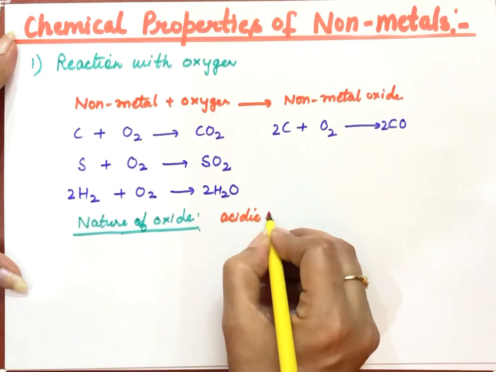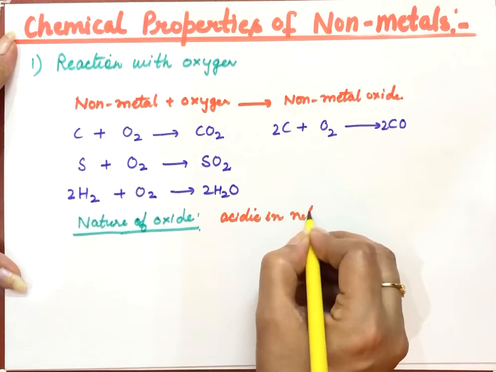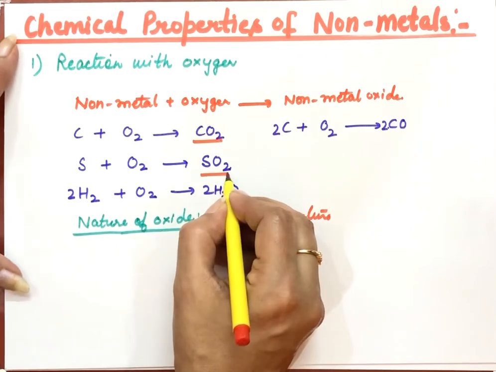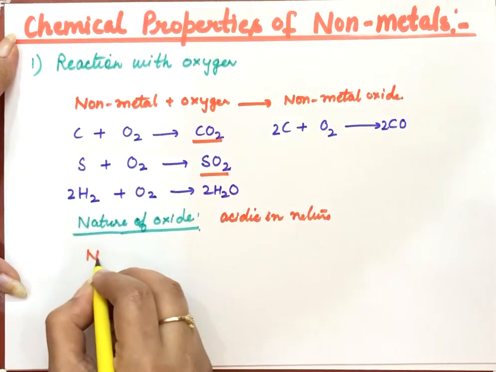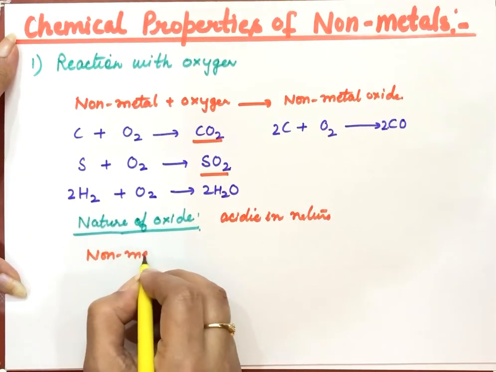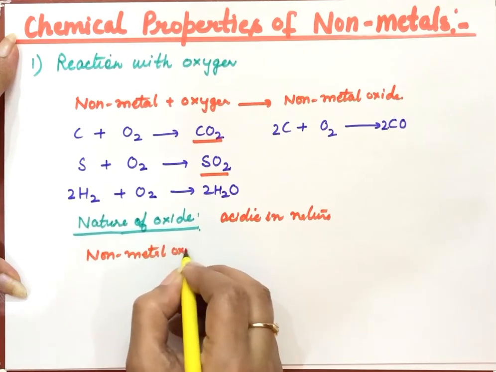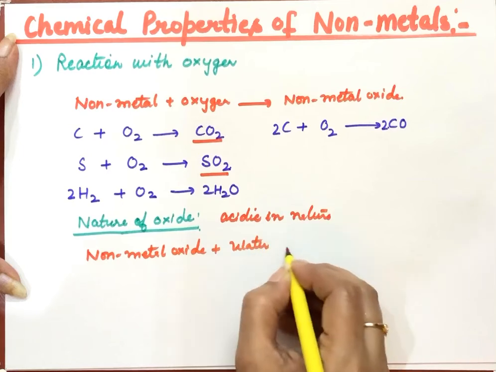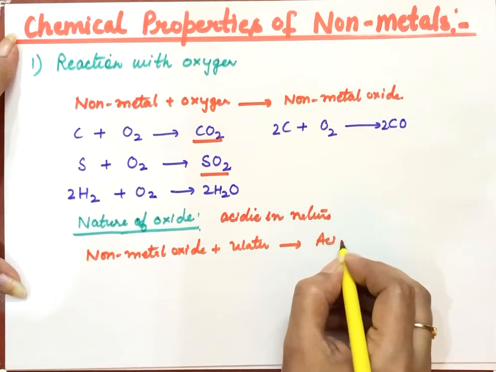For example, carbon dioxide is acidic in nature. Sulfur dioxide is acidic in nature. So when we add water to these nonmetal oxides, they will form acid. That shows that these oxides of nonmetals are acidic in nature.